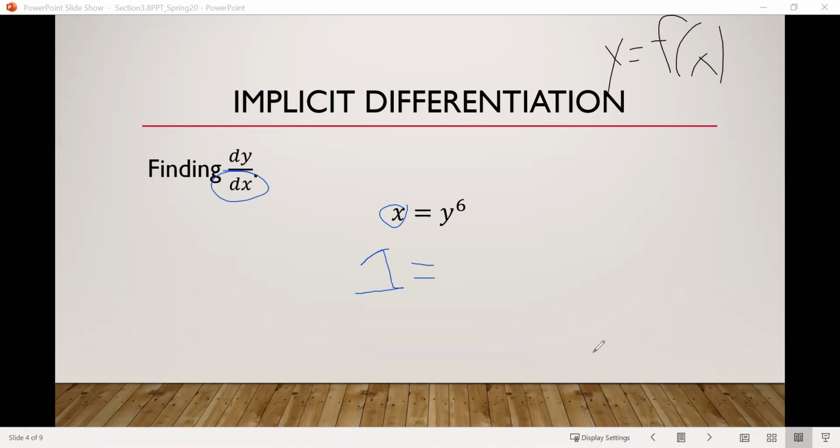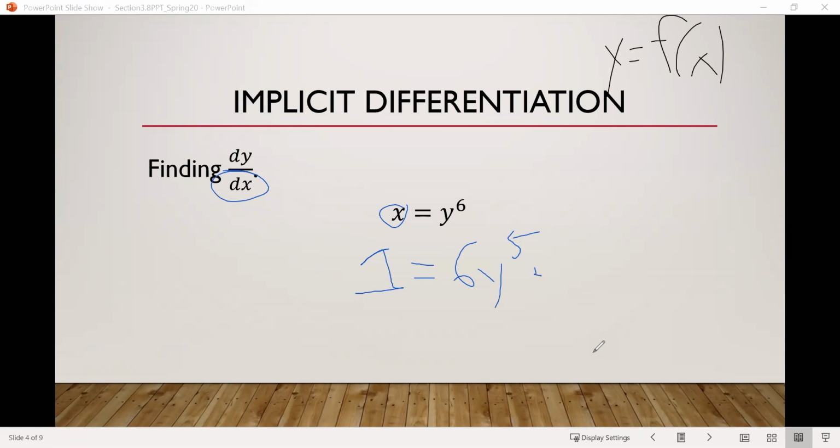Now on the right-hand side, we're also going to take the derivative, okay? We're still doing it with respect to x, but we'll start off by taking the derivative of y to the 6th like we would if this was a function of y. So we take the derivative of y to the 6th using our power rule, which would be 6y to the 5th. Nothing crazy there.